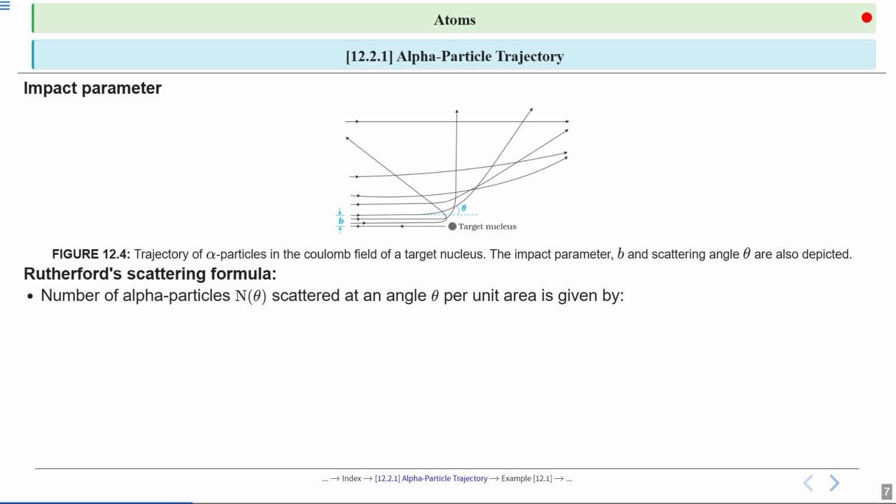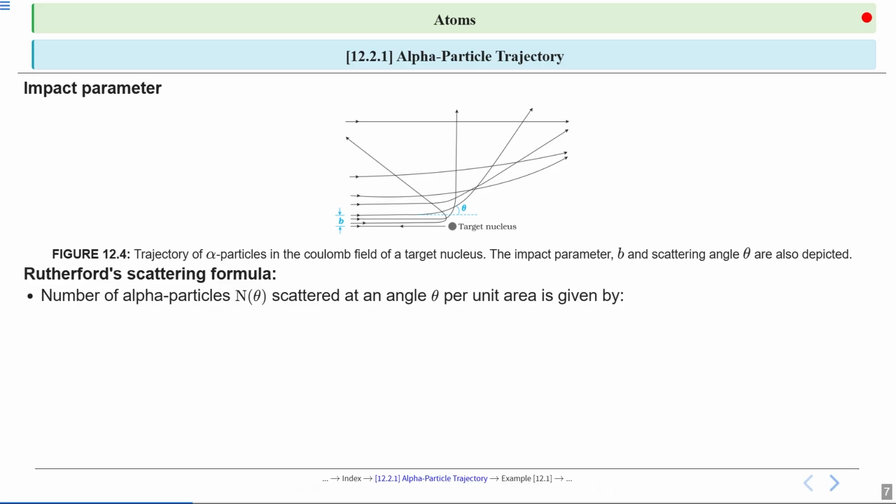N(theta) means the count of particles deflected or detected at a specific angle.